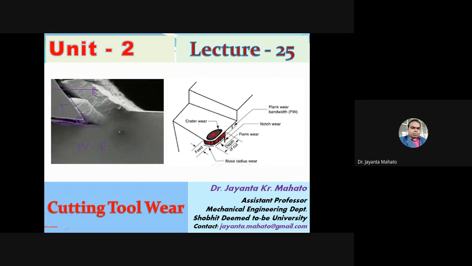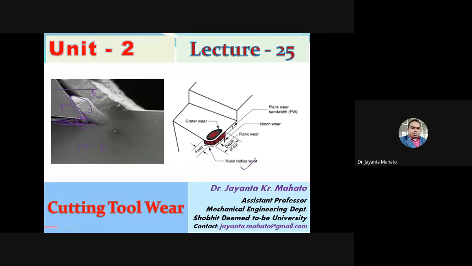If the tool wears out only from this surface, this is called crater wear. Sometimes tools wear just at the nose of the tool, so this is nose radius wear. And if the tool wears from this flank surface, then it is called flank wear. So like this, different types of tool wear are there.